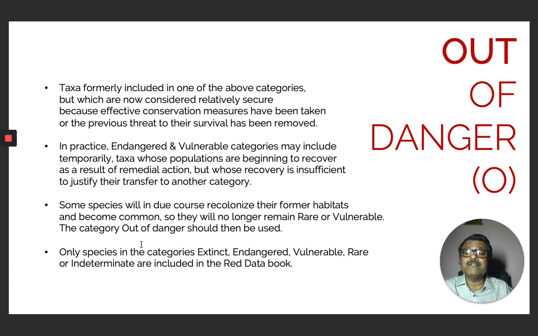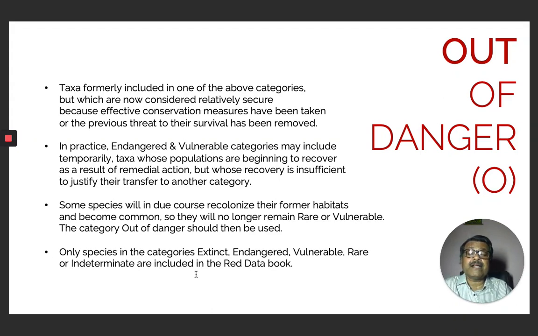Such a species we call out of danger. So species may shift from an endangered or vulnerable condition to an out of danger condition, or many out of danger species, if they are overexploited, may get into any of the threat categories.